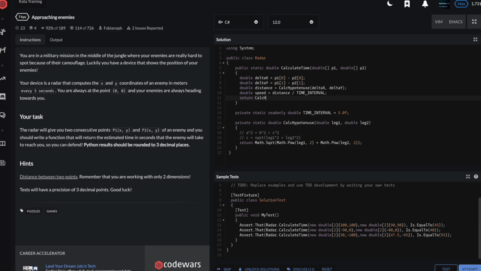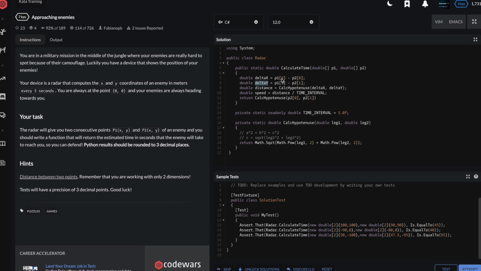I'm going to leverage that calculate hypotenuse method again. This time, like I said, we're going to go from P2's x value and P2's y value. And the reason why I don't have to do any delta here like I did originally is that we're going with respect to the origin now.